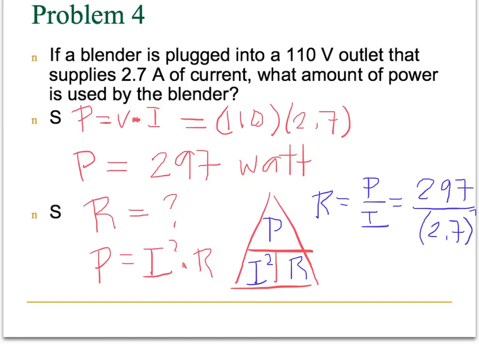You square that. R will be 40.74. The unit is ohms.